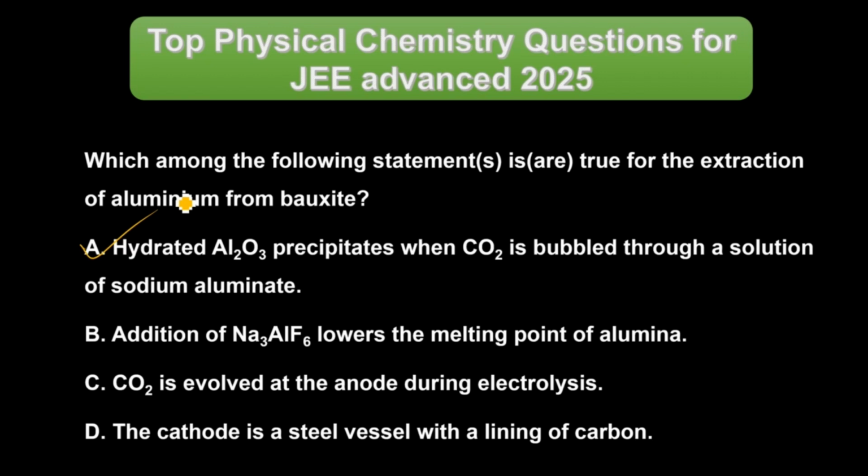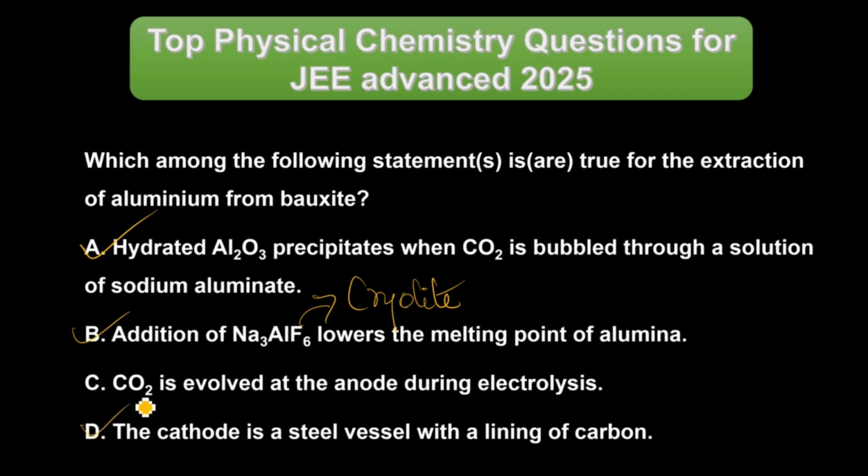Here they have given the statements: cathode is a steel vessel with a lining of carbon, and addition of Na3AlF6 is lowering the melting point of alumina. As I said, what is Na3AlF6? That is the cryolite. So B and D are also right.